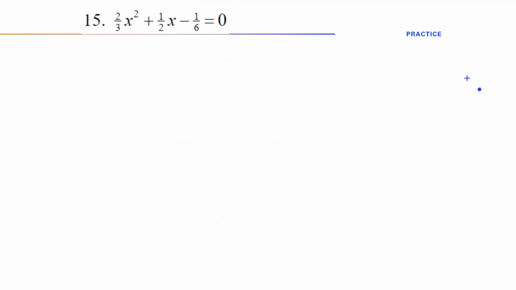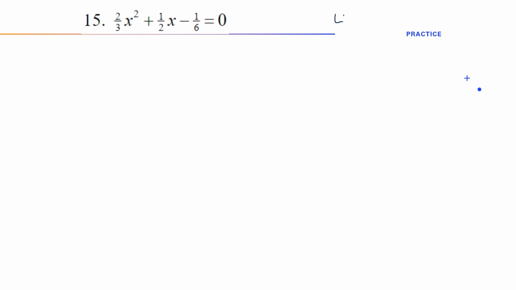Okay, question 15. Now we see that 3, 2, and 6. 6 is 3 times 2, right? But in this case, because it has fractions, you can multiply both sides by the least common denominator.